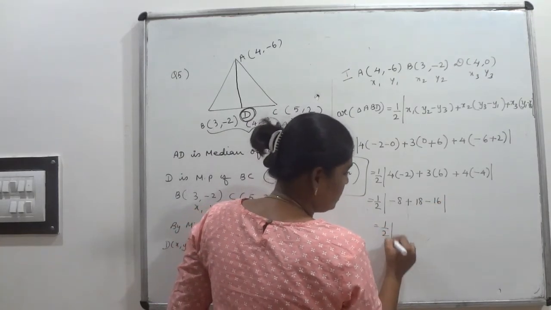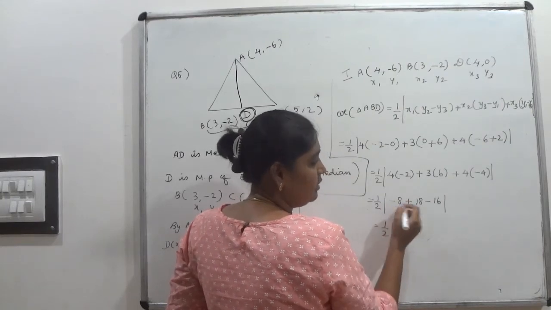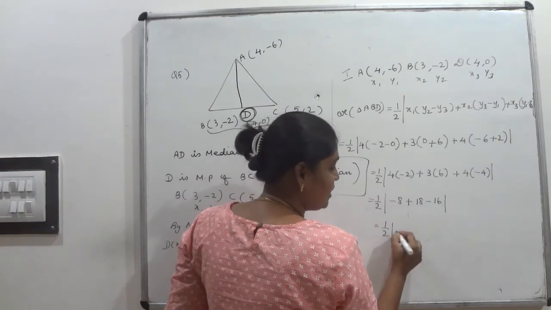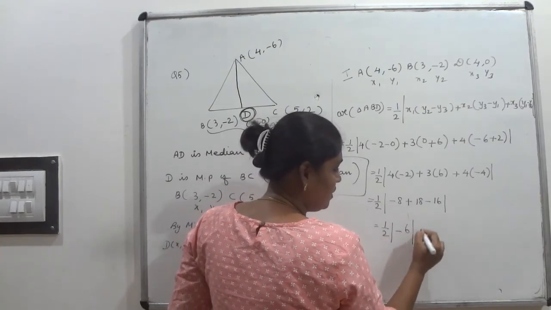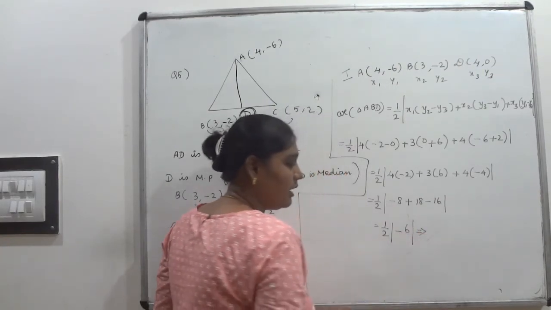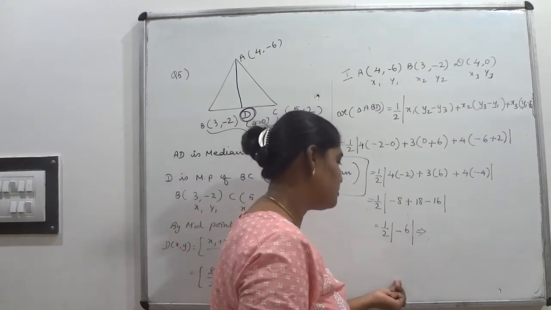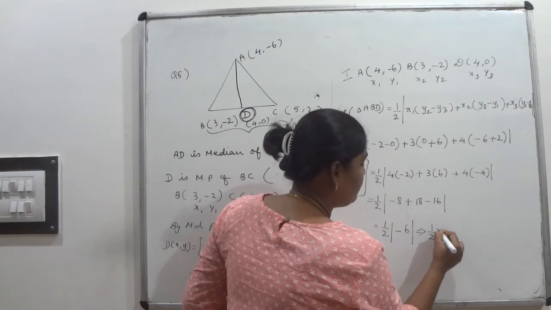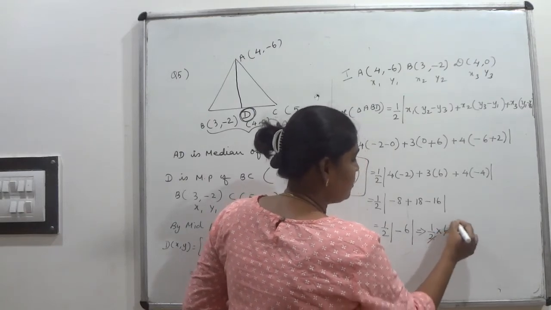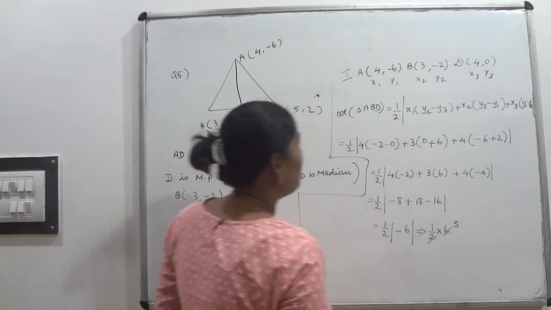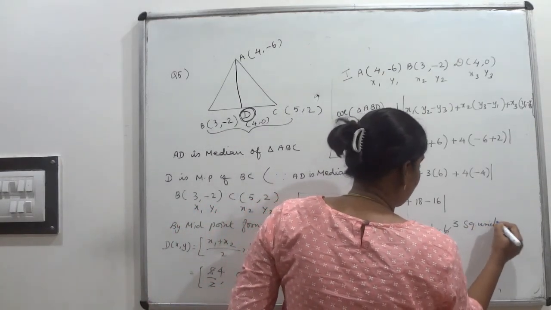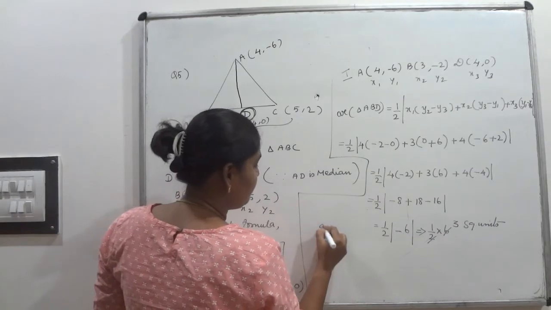Half modulus -8 plus 18 gives plus 10. 10 minus 16 is -6. You know that if a negative value comes inside the modulus, you have to write the positive value only. So half into 6 is 3. So I got the area of ABD as 3 square units. This is your first step.